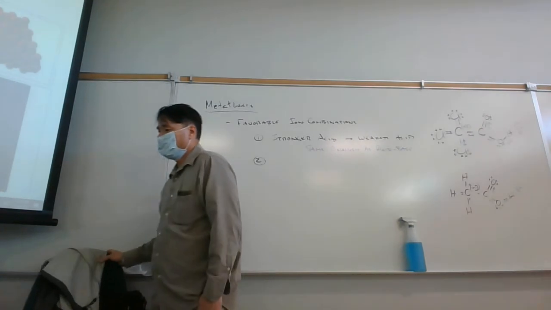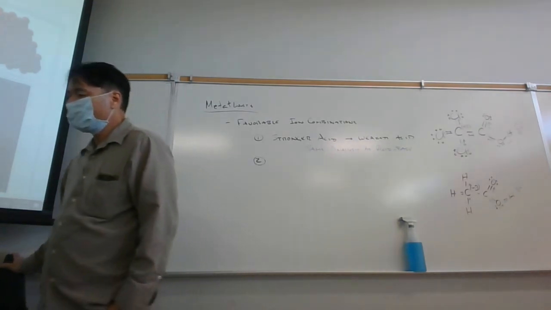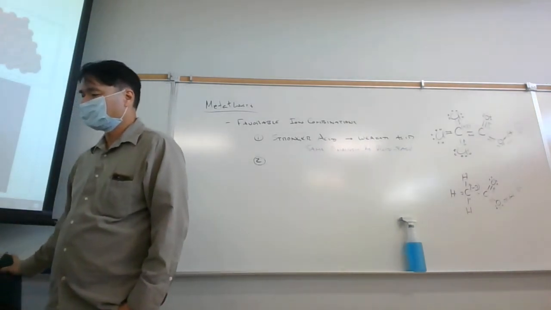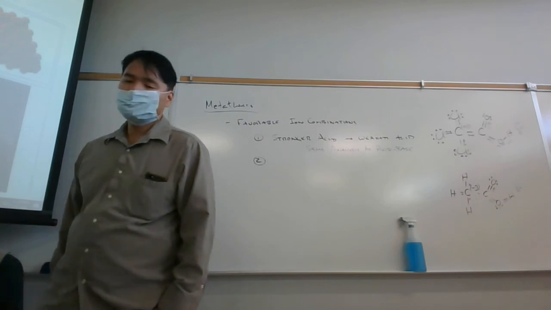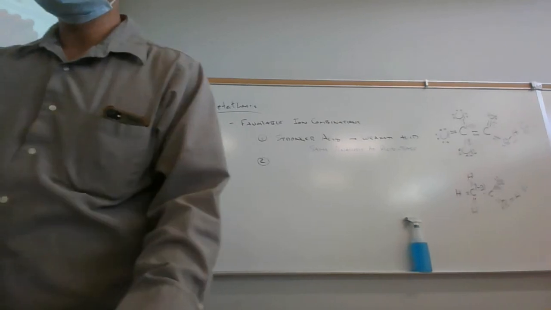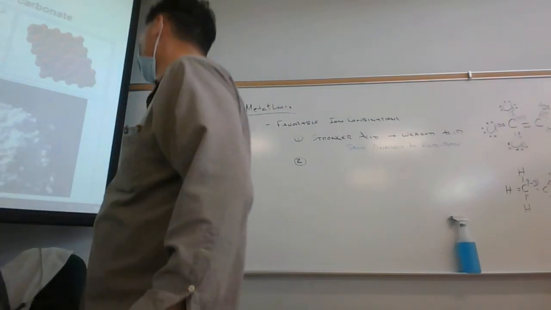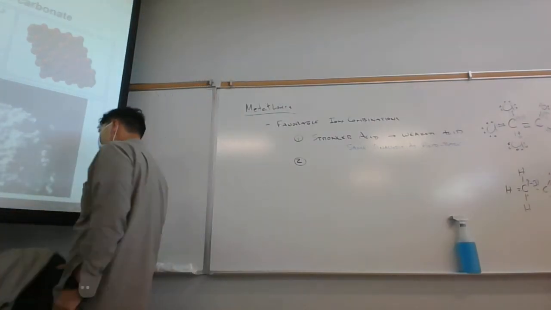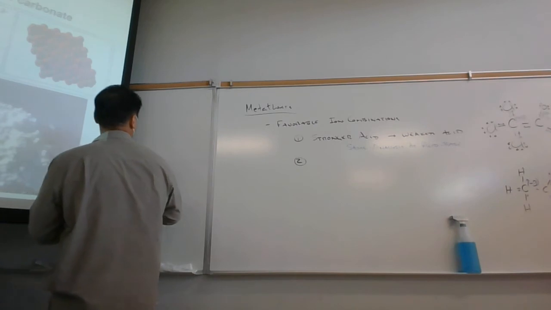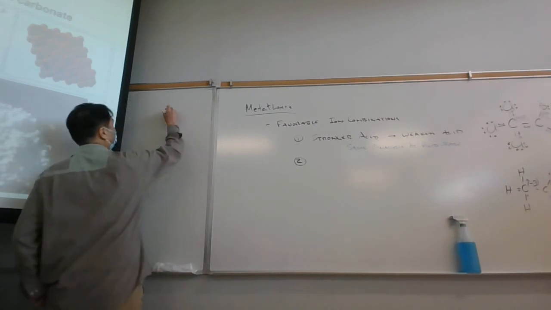And so we look at what makes a strong lattice. When we look at the patterns for strong lattices, typically what makes a strong lattice can be attributed, at least at the first level, to Coulomb's law.